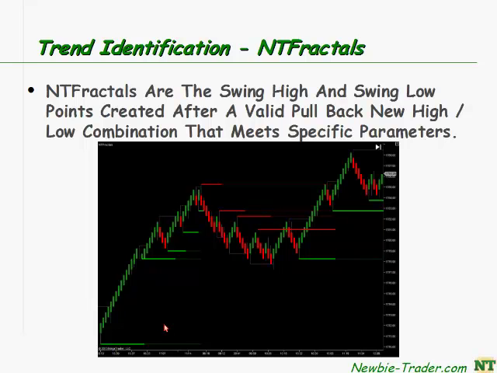Basically you want to concentrate on taking long trades when it's green and short trades when it's red. That is for our conservative and our aggressive entries. So we identify trend, one of the ways, by these red and green lines that we call active fractals.